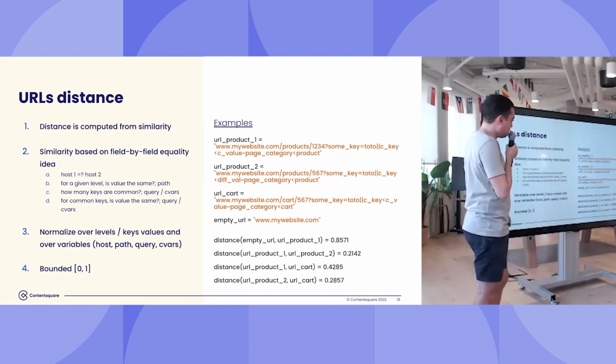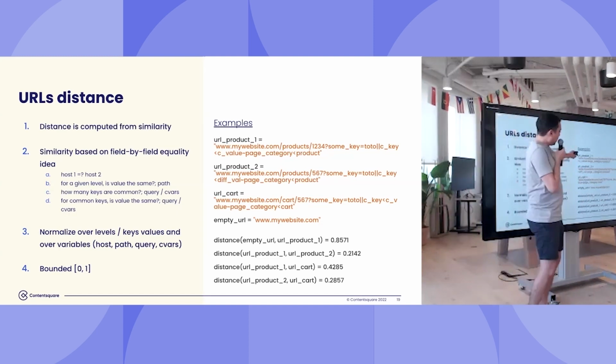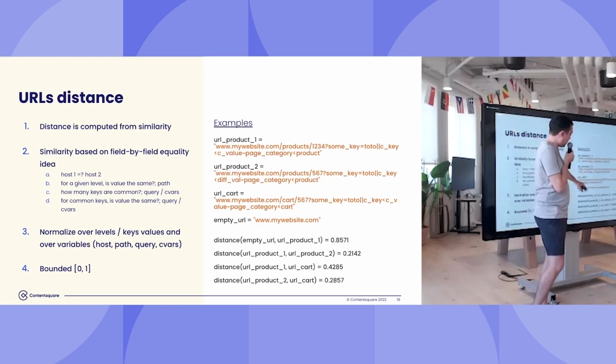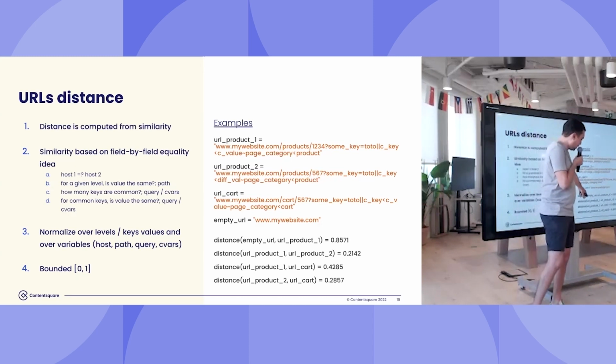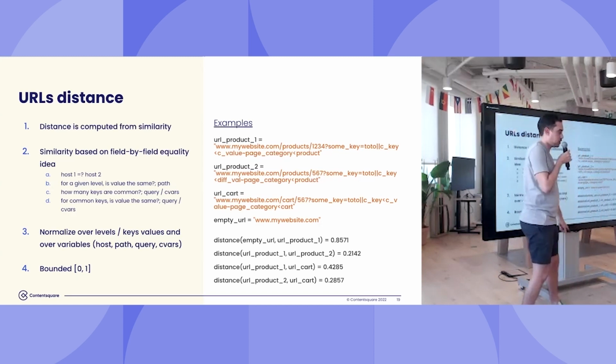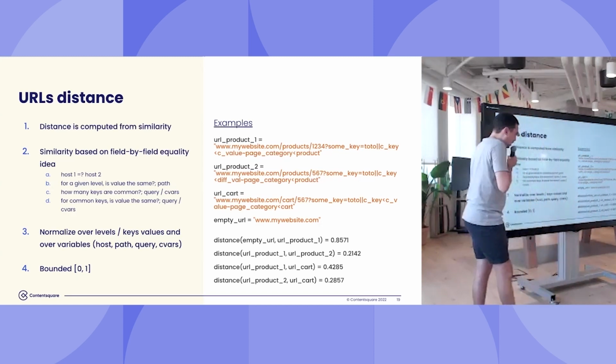Let's take some examples here. We have one product URL, another product URL, a cart URL, and an empty URL. We can see that the distance between the empty URL and the product 1 URL is pretty high, 85%.